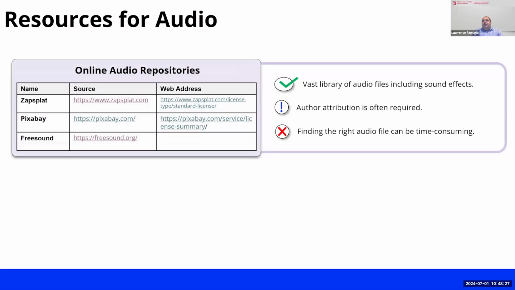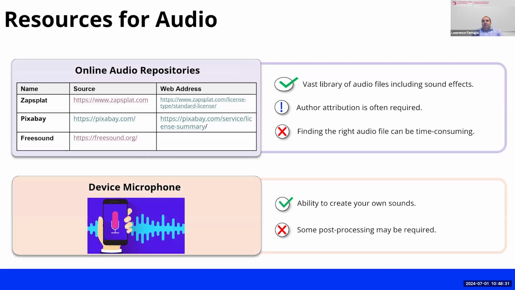Again, we can use two main resources. We can use repositories that are available online, or else we can use the microphones that nowadays are embedded in every electronic device in order to record our own sounds.